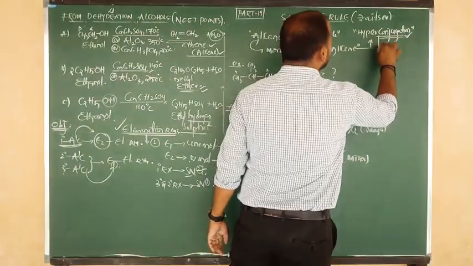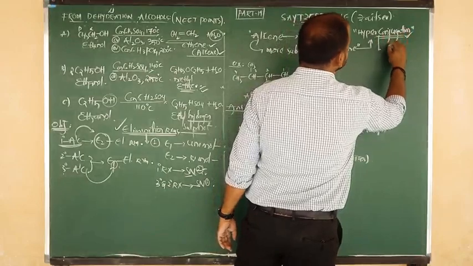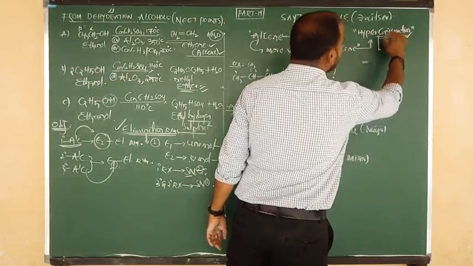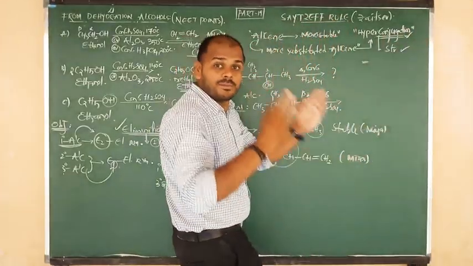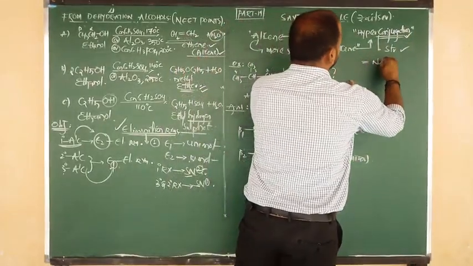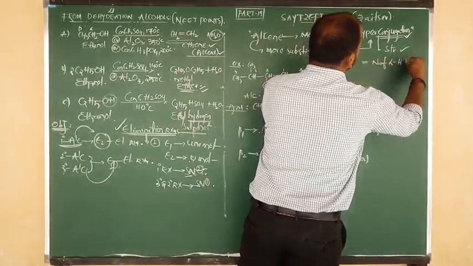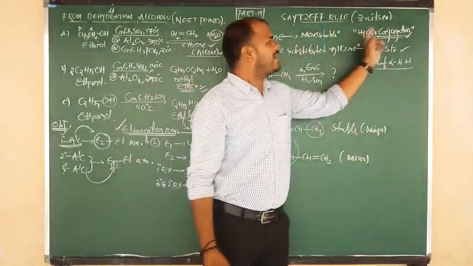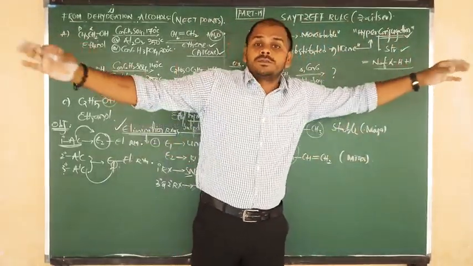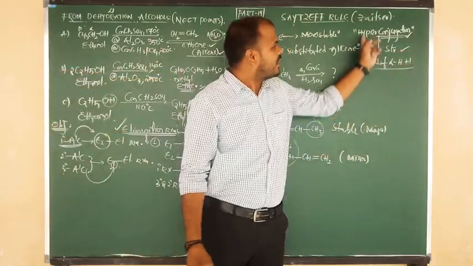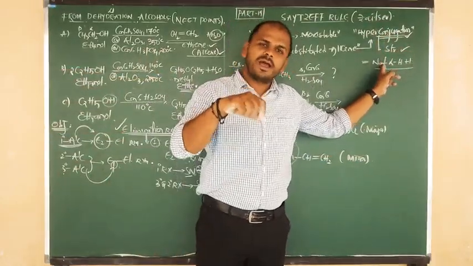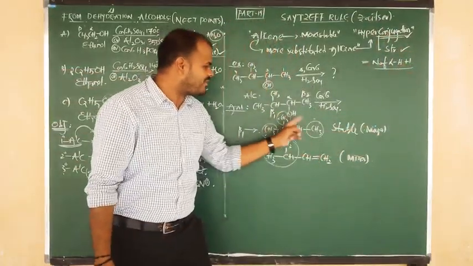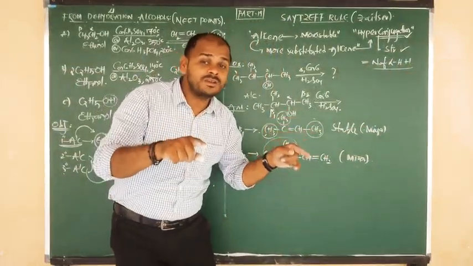What is the formula to calculate the number of hyperconjugation structures? The formula is the number of alpha hydrogens plus 1. This is the formula to calculate the number of hyperconjugative or resonating structures. So here how many alpha hydrogens? 9. 9 plus 1 is 10.